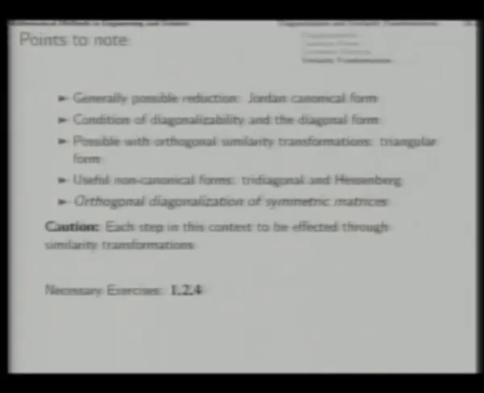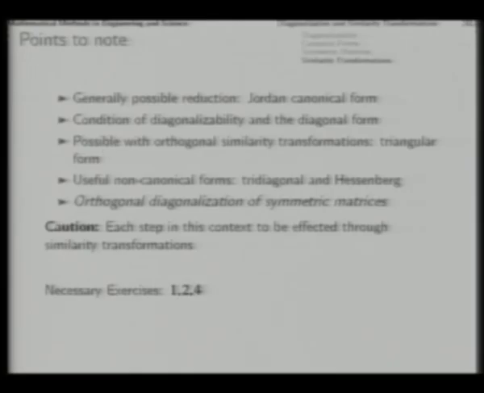For the time being, to summarize the important issues that we have seen in this discussion: generally possible reduction, which is possible for all matrices, is up to Jordan canonical form. Condition of diagonalizability and the diagonal form we have studied, and we have studied the triangular form, which is possible with orthogonal similarity transformation.